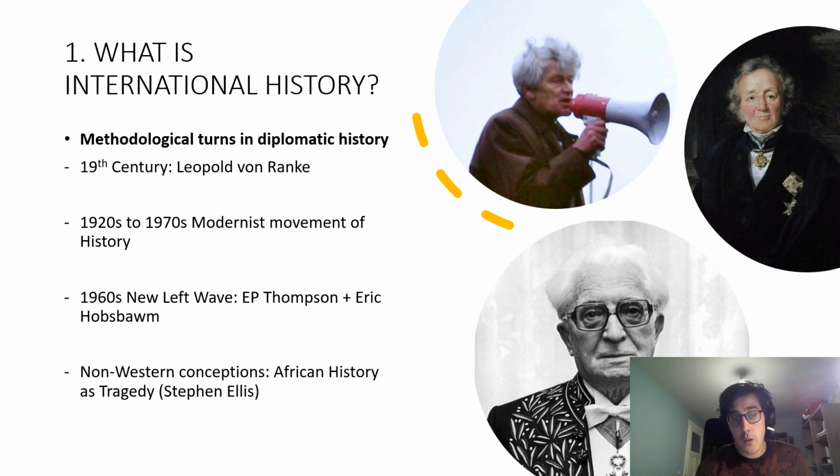Important in this is to also think about non-Western conceptions of history and of international history, and in that sense, we can look at how African history, modern African history, is written. When we look at histories of Ghana's diplomacy, for instance, the independent nation of Ghana that became independent in 57, we see history written as a tragedy.